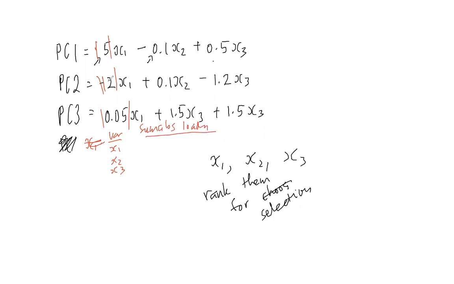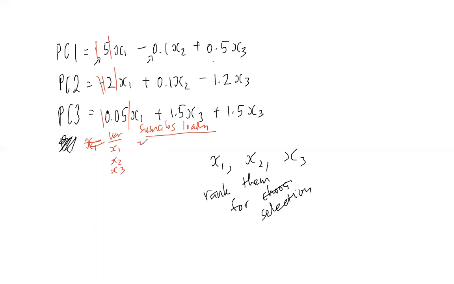Because if this variable consistently affects all the principal components, then it's probably an important variable. So you can rank it by its influence on the principal component, which is indicated by its magnitude. So you should use the absolute, so that the sign doesn't disturb.